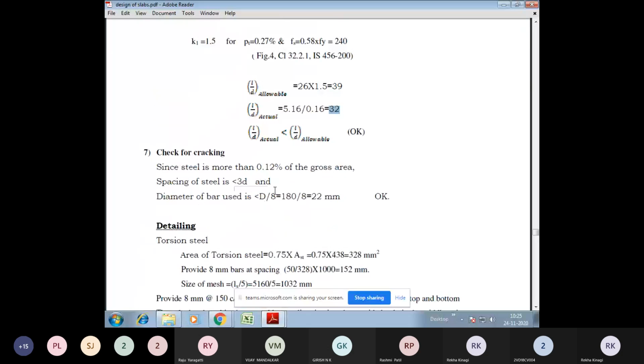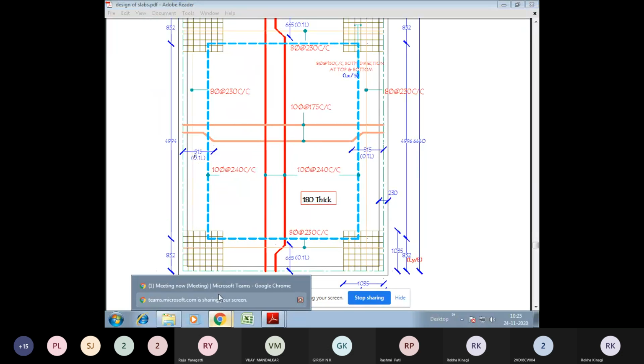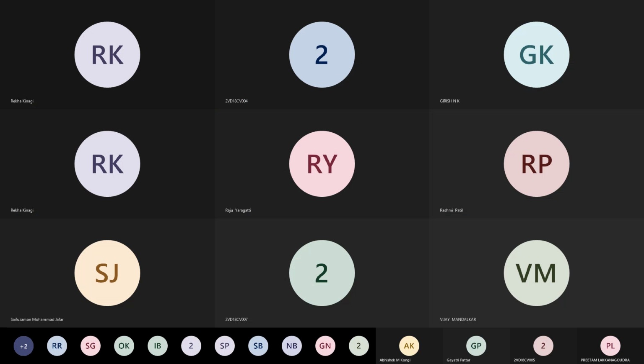Now, let's proceed with the detailing. Before proceeding with the detailing part, let me go ahead with one more example and then go with the detailing part so that it is clear for you all regarding the two-way slab. Now, in the two-way slab, we have considered the case 9, that is 4 edges discontinuous. Now, let me consider the next example.